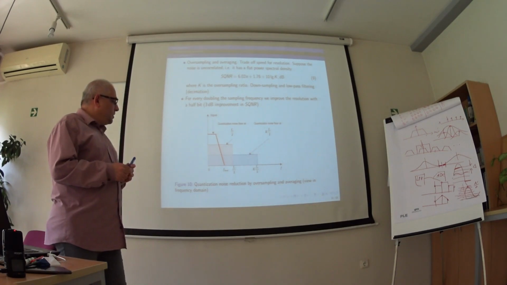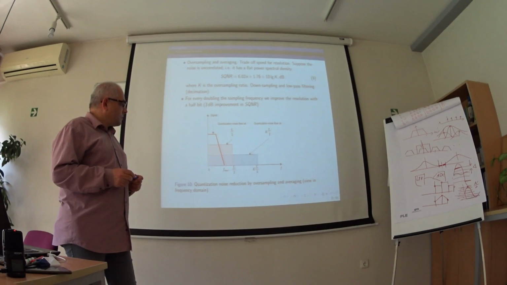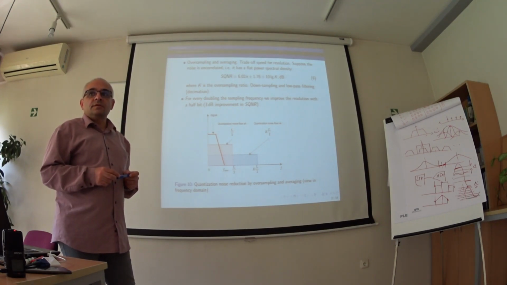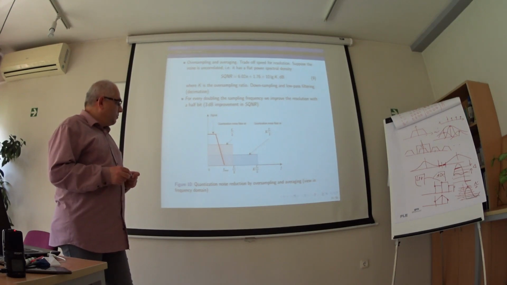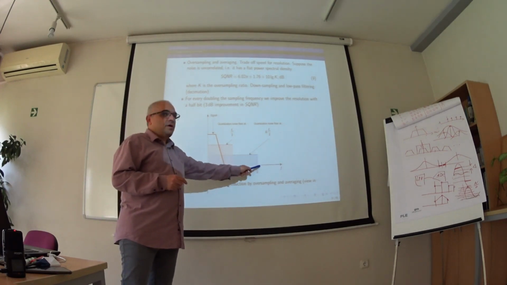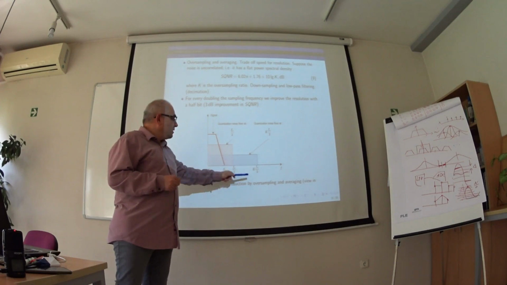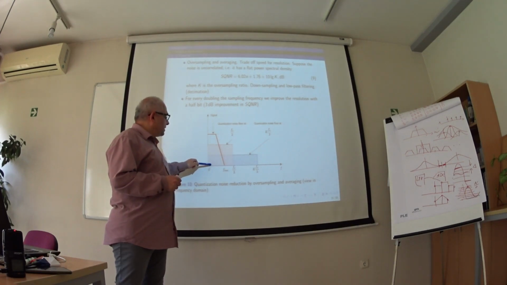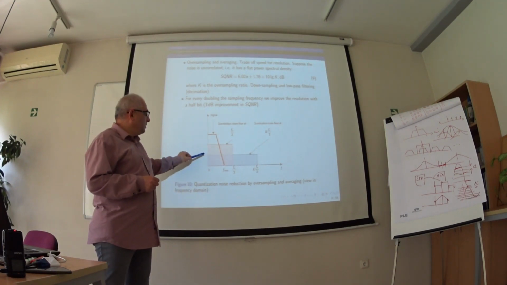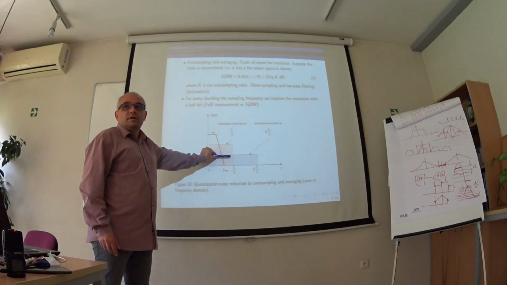So when we increase the sampling rate, the quantization noise power stays the same. It doesn't change. But it is spread from 0 up to the Nyquist frequency. Obviously, when we increase the Nyquist frequency, this rectangle has the same area as this. But in our band of interest, the noise floor obviously decreases.